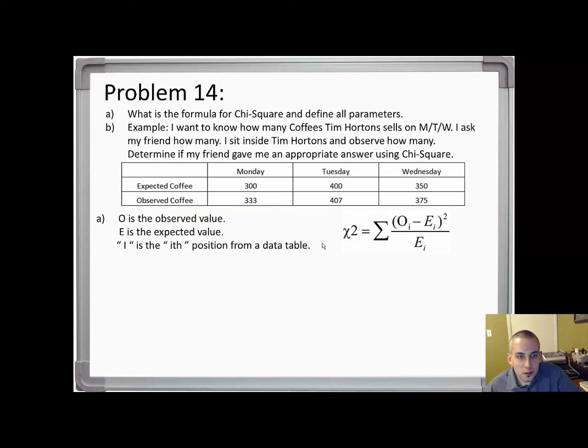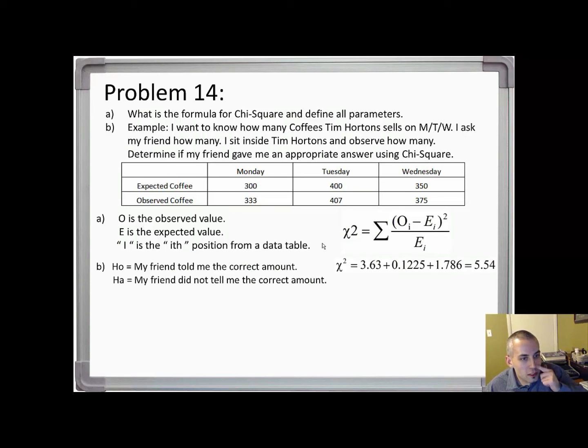Okay, so in this case, let's designate my null hypothesis and my alternative. Typically, the most common null hypothesis and alternative for chi-square goodness of fit are that, for example, my friend told me the correct amount. The other one is that my friend did not tell me the correct amount.